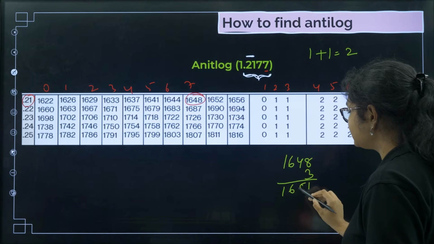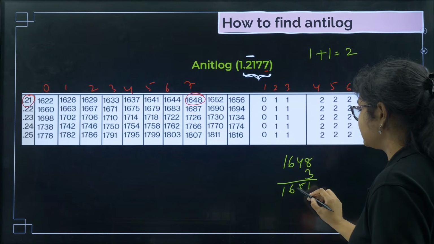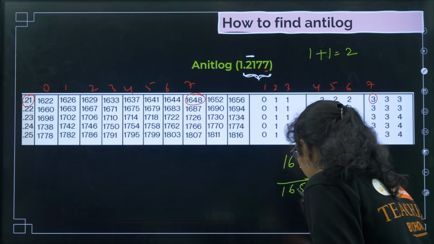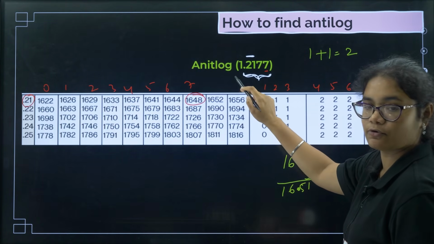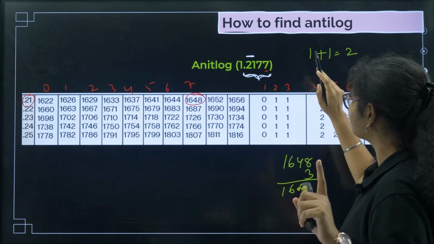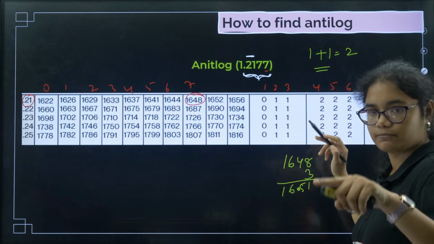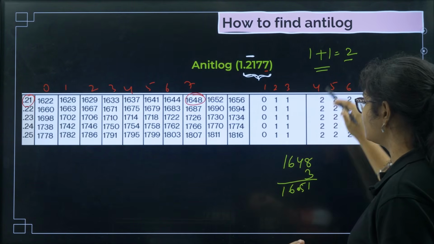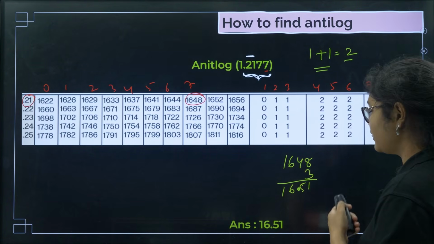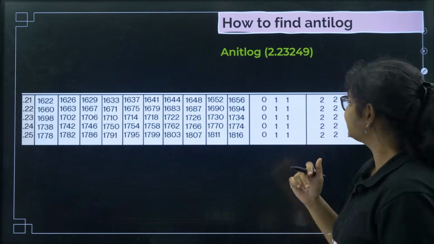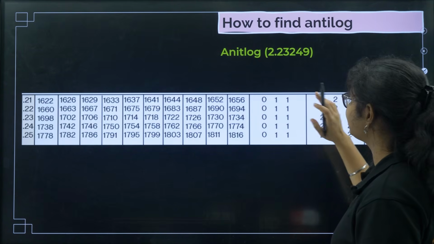So after 2 places you need to put the decimal here, that is 16.51. Okay, 16.51. So we'll get 16.51.